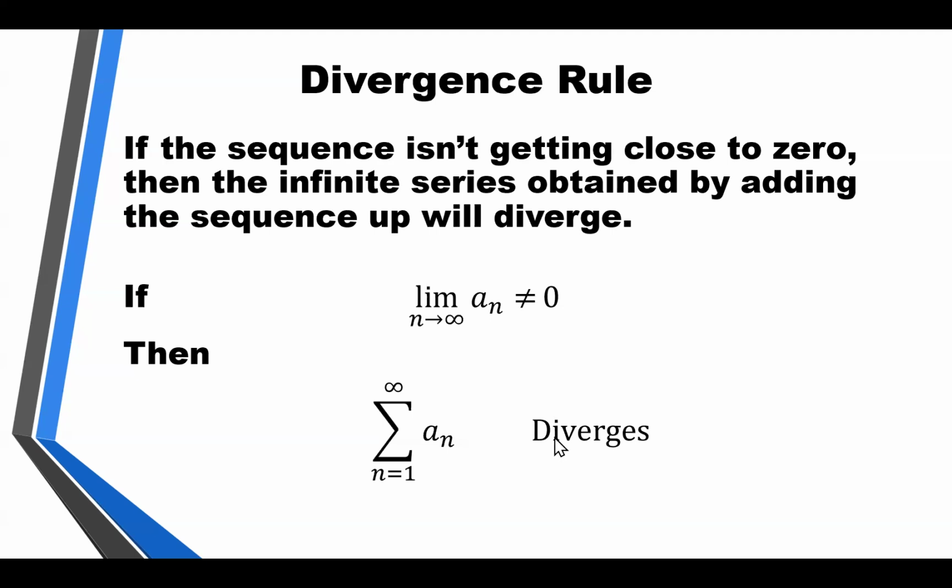Now, we'll look at some other shortcut rules as we go on, and we're going to develop some other shortcut rules for determining when a series diverges and when a series converges. Because I don't want to always be stuck with dealing with the partial sums.